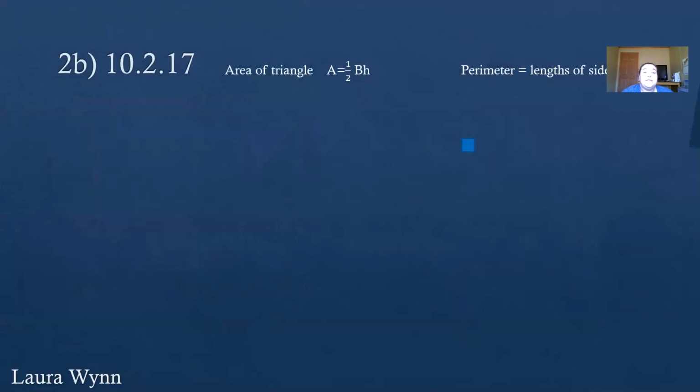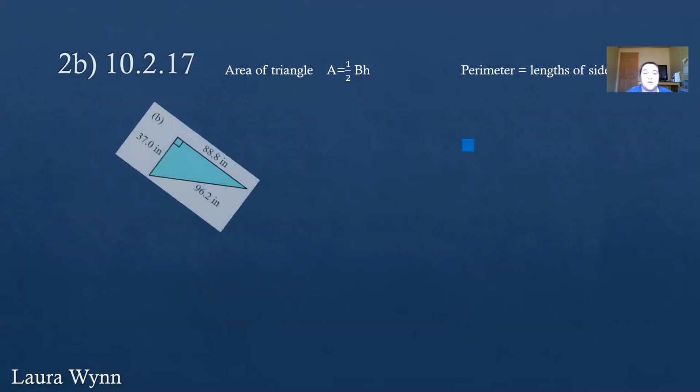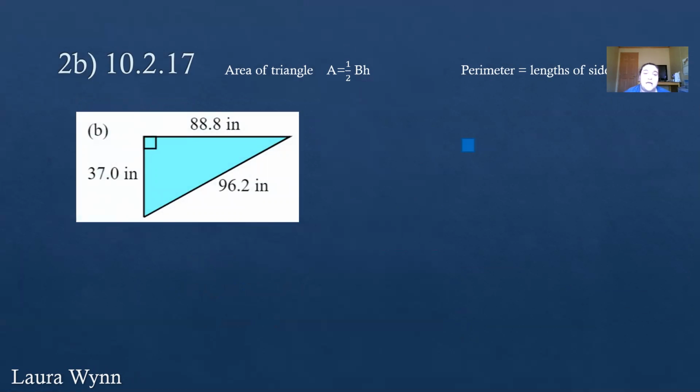All right, our second one. Again, you need to know the formula of an area of a triangle and what a perimeter is, which is the length of the sides of the triangle. Here's our triangle it gives us. Now area is equal to 1/2 base times height. Our base up here is 88.8 and our height is 37 inches.